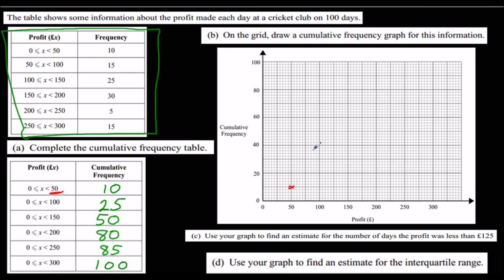£100, 25. So halfway between 20 and 30. 150 against 50. 200, 80. 250, 85. And 300, 100.